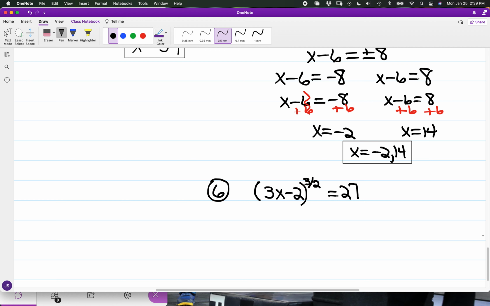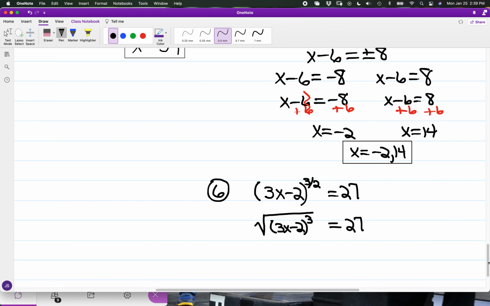Okay, so if I go from exponent to radical, here I'm going to have the square root of 3x minus 2 to the third is equal to 27.